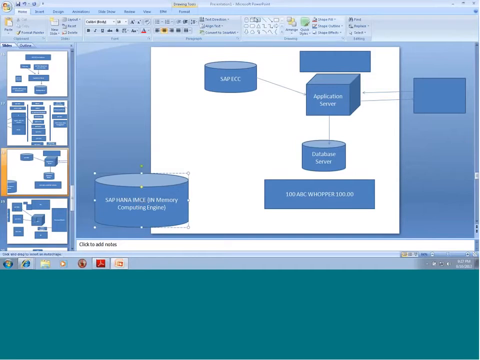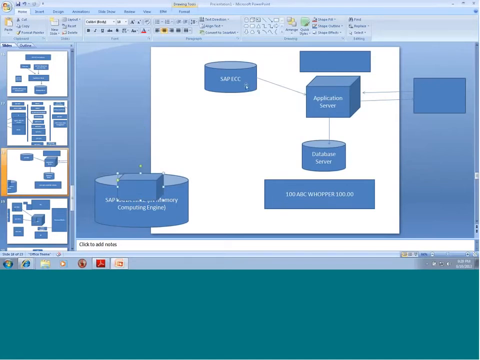And a SAP BW system can sit on top of SAP HANA. SAP BW is an application server and it has a separate database server. But with HANA, the SAP application can directly sit on the HANA database.